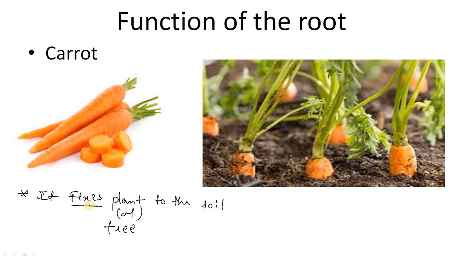Why is that? And how do they get that strength? They get that strength from the root, which tightly holds the soil and makes the plants stand tall, and at the same time it provides a very strong hold to the plant. Or else if a fast wind is blowing, the plant may just fly away with the wind. So the roots of the plant hold the soil tightly and firmly, and this is how it provides strength to the plant.